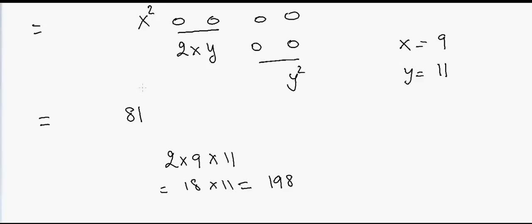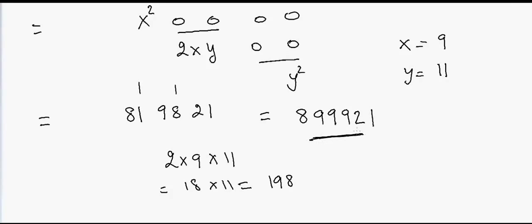So we'll have 198, and then we have y square, so 11 square is 121, so 21 here and 1 carried over, right? So in that case the answer would be equal to 899921. So that's your answer.